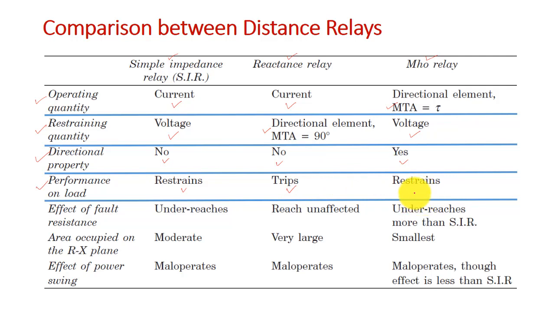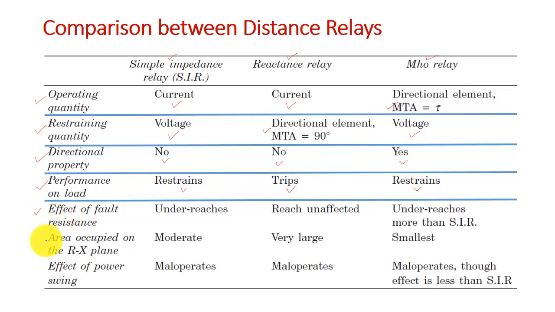And the Moore relay restrains, because it covers a small area and it is unidirectional. It lies only in the first quadrant, or wherever it is adjusted to lie, based on the MTA, maximum torque angle.